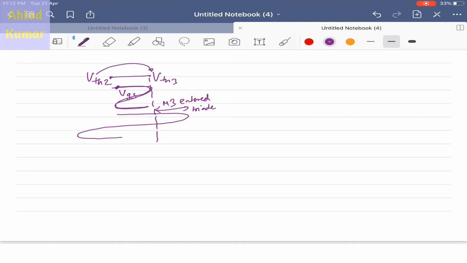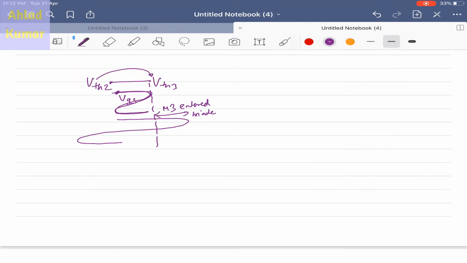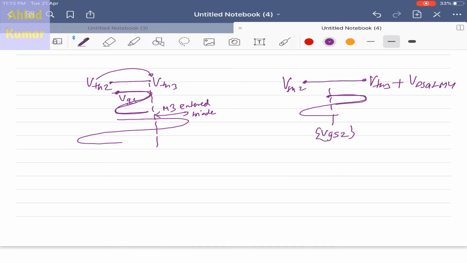But for this circuitry, we have VTH2 here, and then VTH3 plus VD set of M4. So the range is increased, and now you can tolerate larger fluctuations of the input swing, that is the swing available at VGS2.